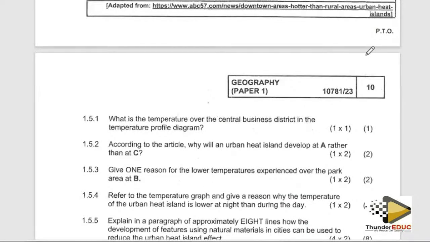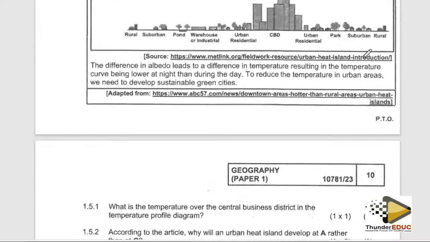Then 1.5.1 says, what is the temperature over the central business district in the temperature profile diagram? What is the temperature over the CBD, which is the central business district, in the temperature profile diagram?